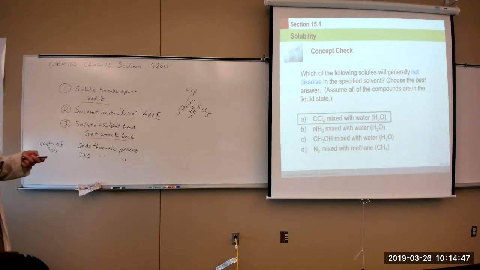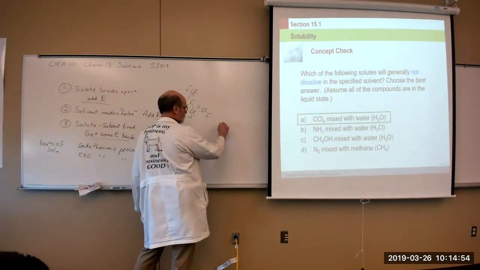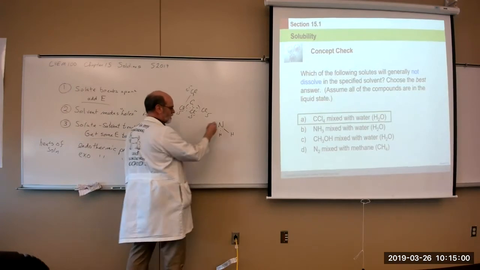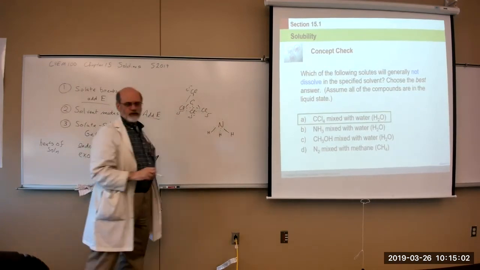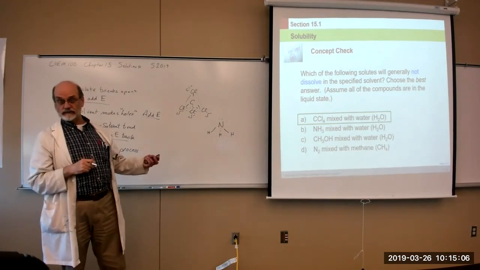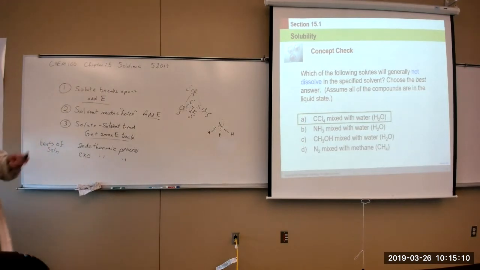How about ammonia mixed with water? Well, you have to know something about the ammonia molecule. Like that. Plus, it's got two lone pairs of electrons up there. So that definitely means it's polar, so it will dissolve in water.